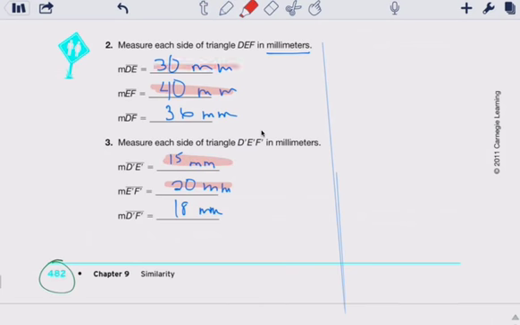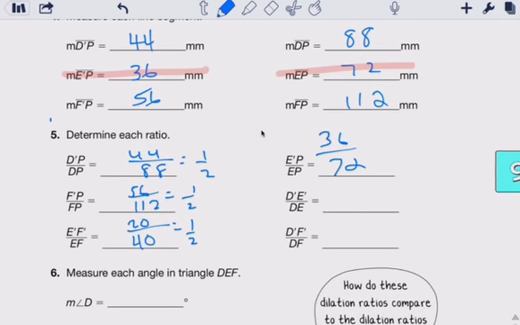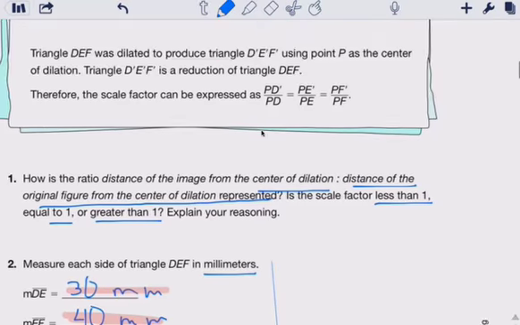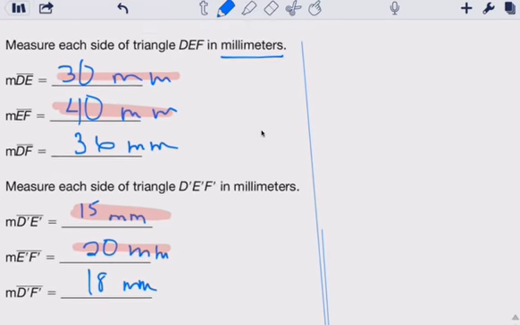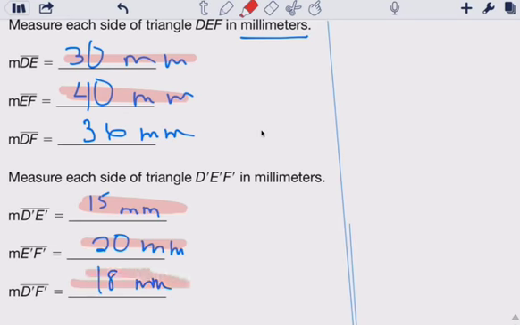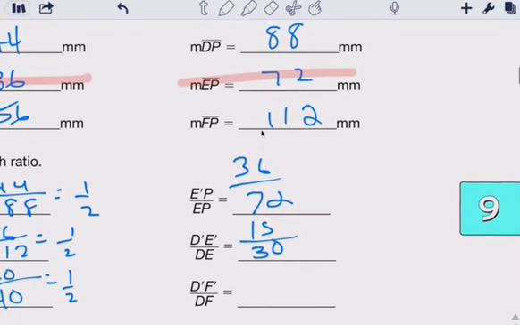D to E is 30. 15 over 30. D prime F prime is 18. D to F is 36. Yes, baby. All reduced to a half, if you noticed.